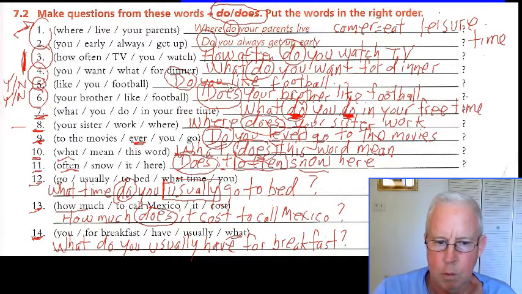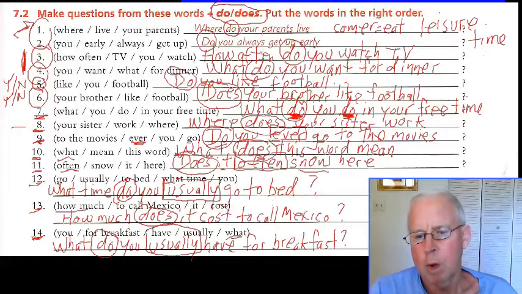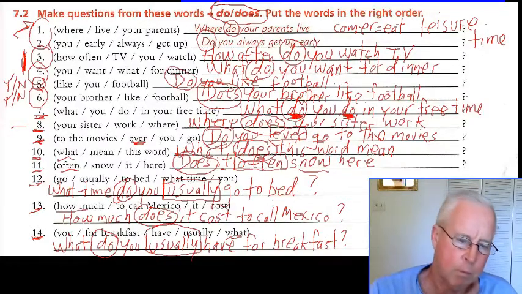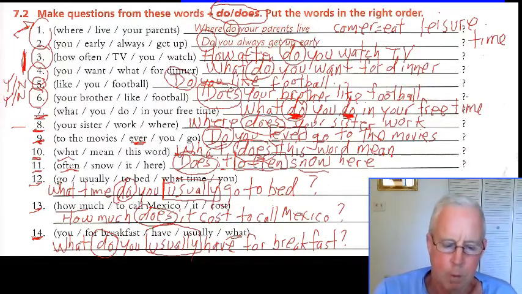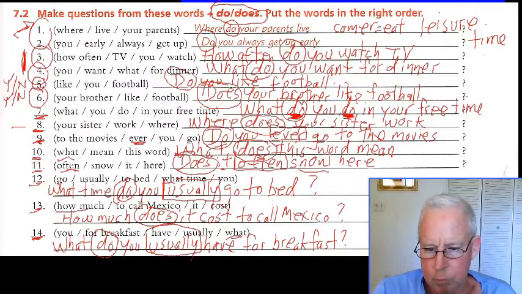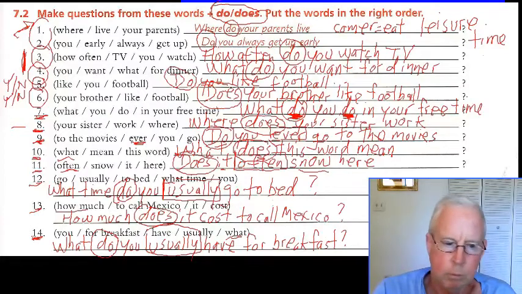What do you usually have for breakfast? Answer: oatmeal, or eggs, or cereal, or nothing.